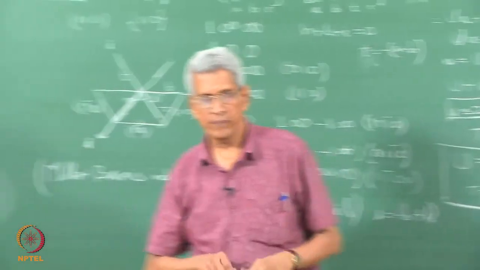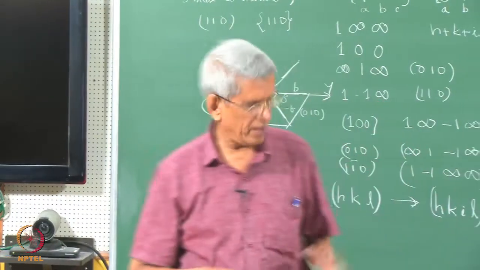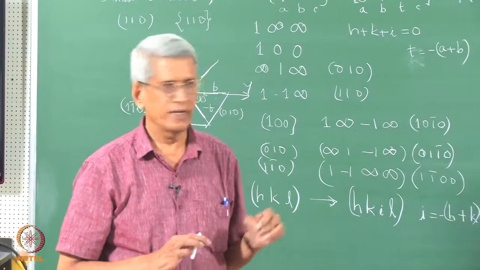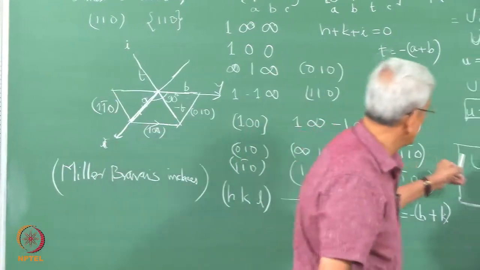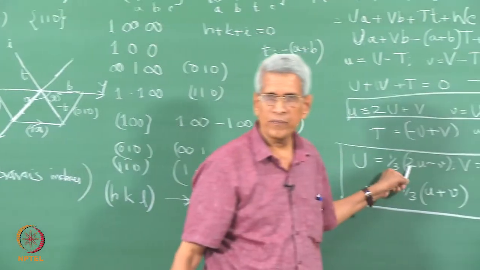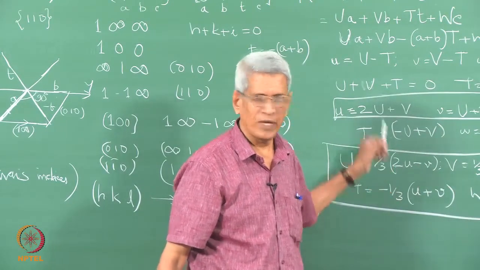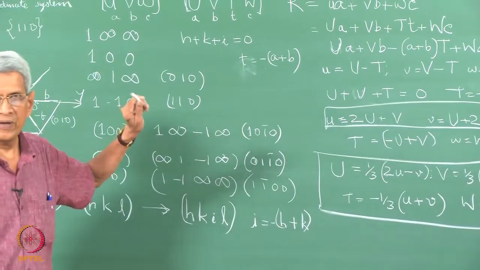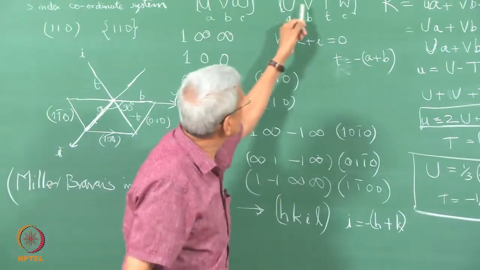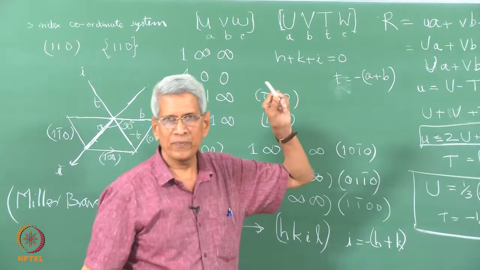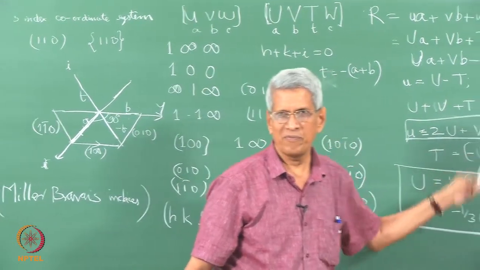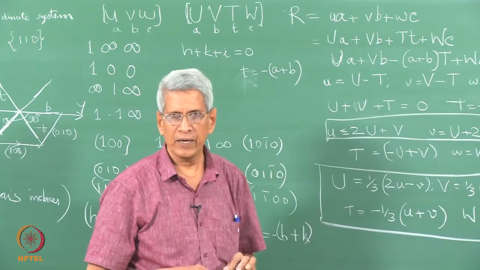It is very simple. Using this expression, these equations can be used to find, for any direction in the 4 index system given by u v w, the coefficients u v t w in terms of the 3 index system.